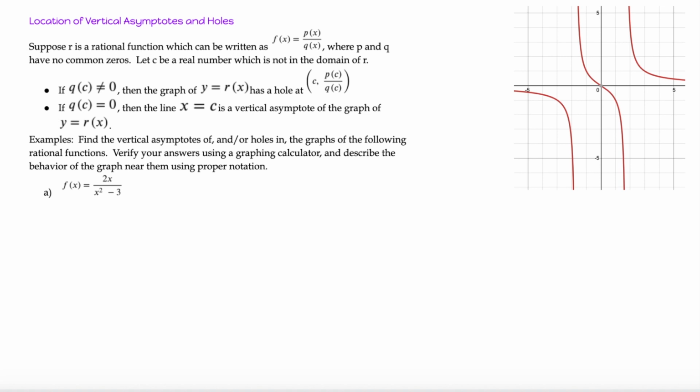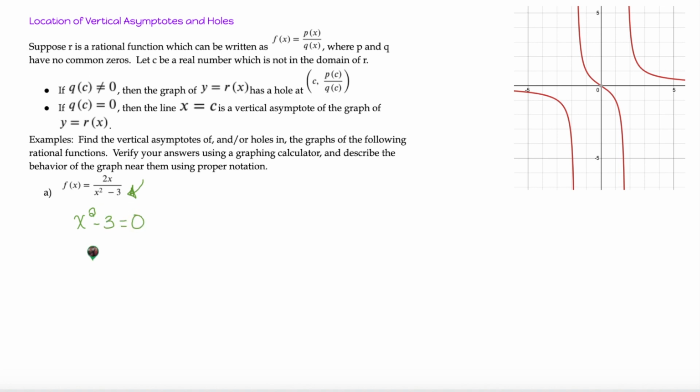All right, let's look at 2x over x squared minus 3. First I need to find the domain in order to identify where there may be asymptotes in our graph. I want to know when my denominator will equal 0, because those are the places I want to avoid. So when will x squared minus 3 equal 0?